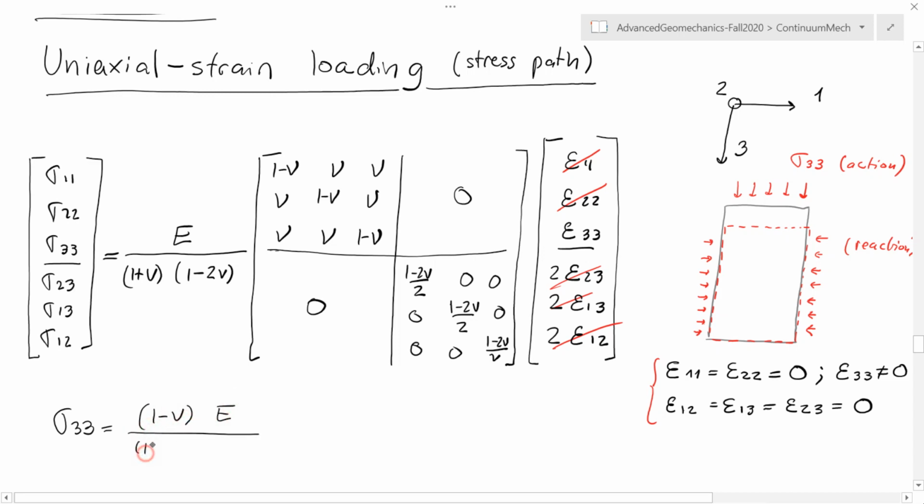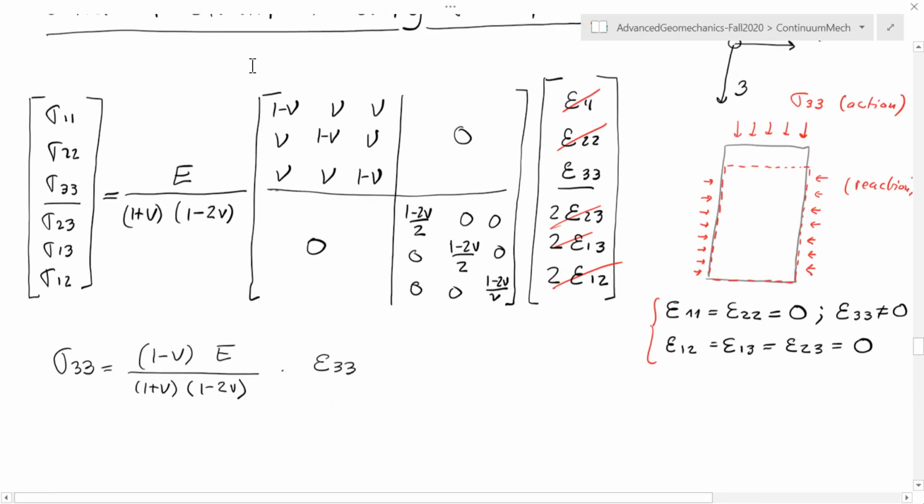This is the part of the stiffness matrix. It is actually the component C33, and this is going to be multiplied times the vertical strain.